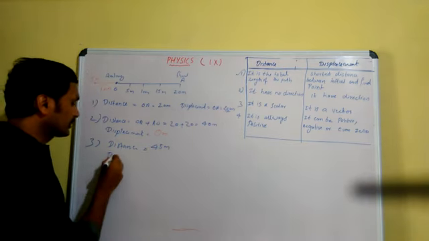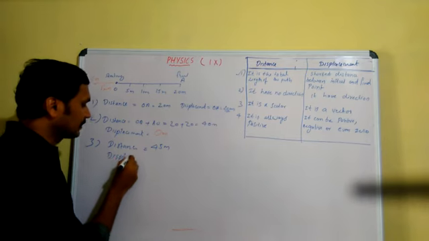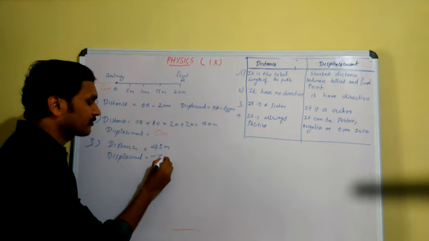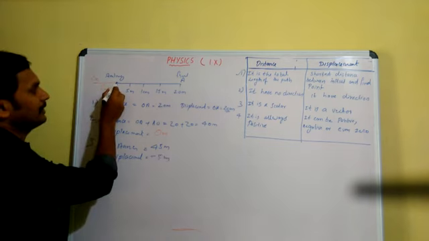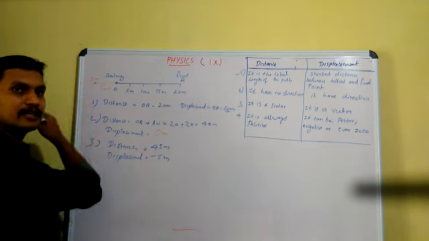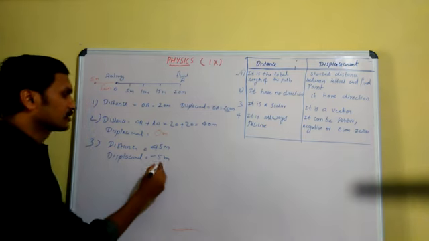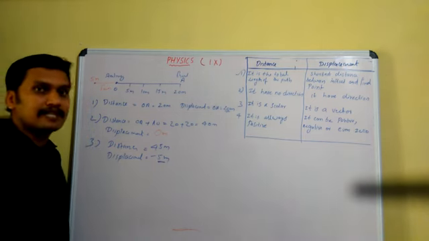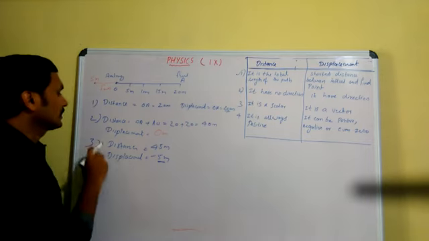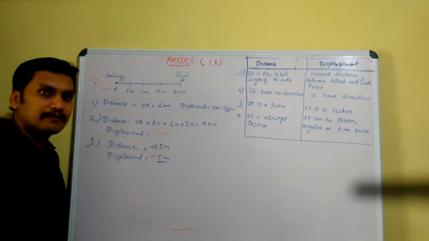Whereas the displacement is equal to minus 5 meter, because this is the starting point and this is the final point. Anything towards the left side of the origin is taken as minus. So displacement is minus 5. So, 3 important points you have seen about distance and displacement.